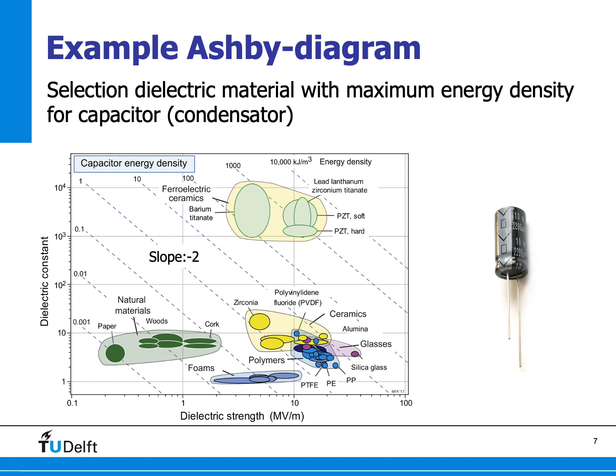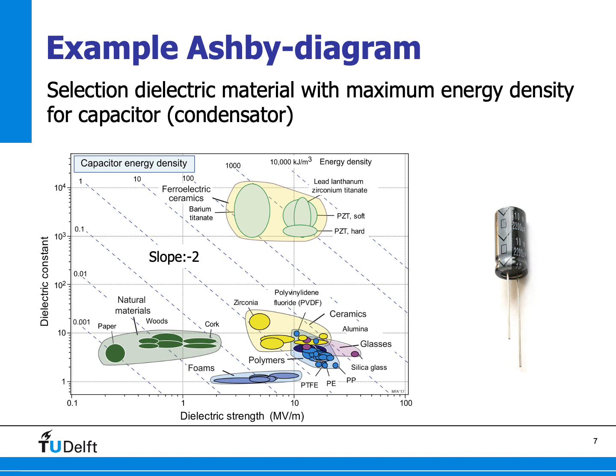This is, for example, of interest when you want to select a material for a capacitor. Typically you want to store as much energy as possible in a capacitor and keep the volume of the capacitor as small as possible. And that's good for miniaturization.